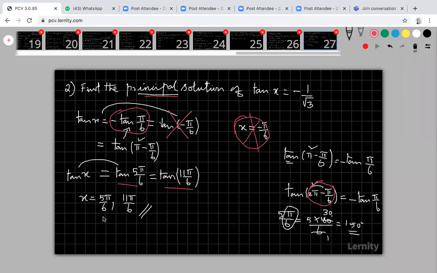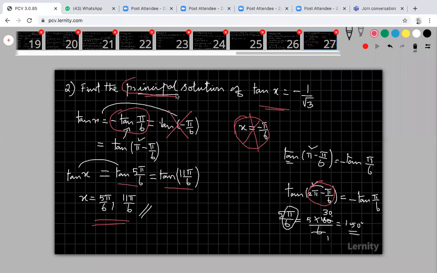Okay, so these are the principal solutions, and this equation is called a trigonometric equation. An equation involving a trigonometric function of a variable is called a trigonometric equation. Now look at that. This is our principal solution.